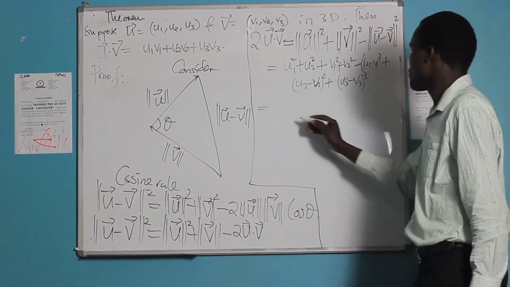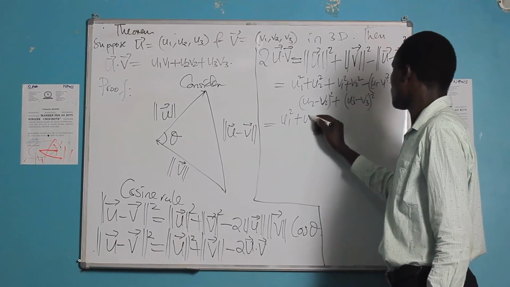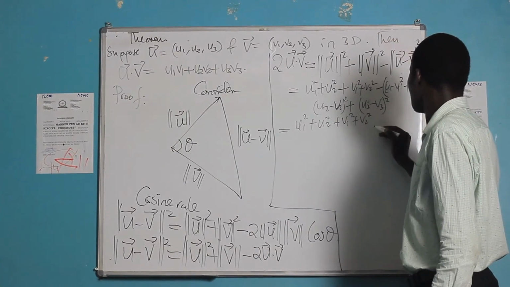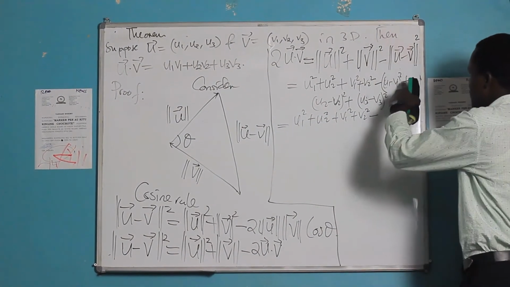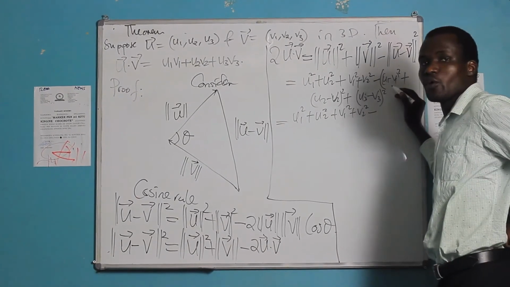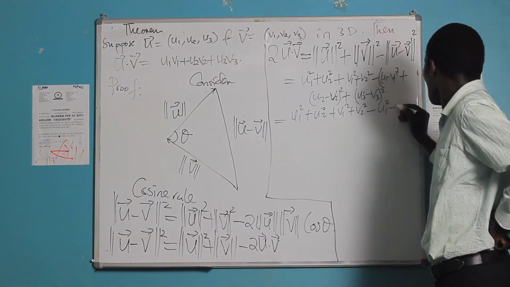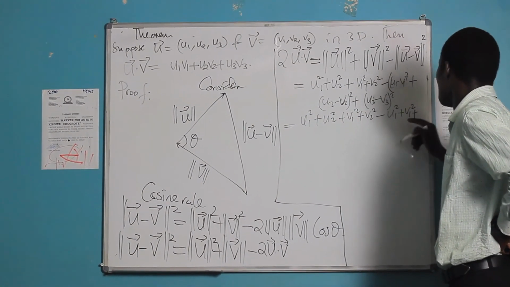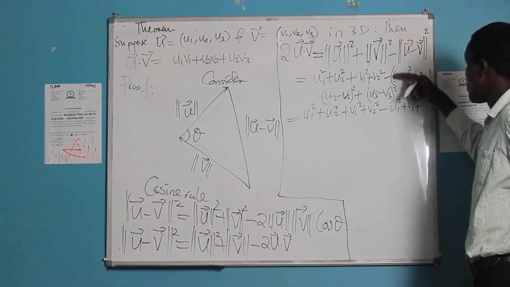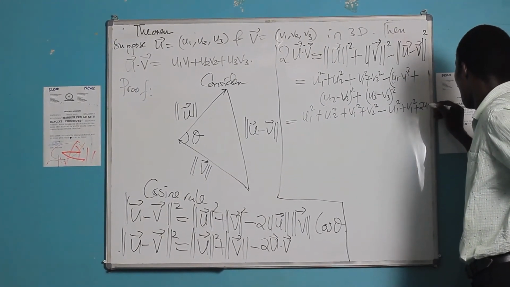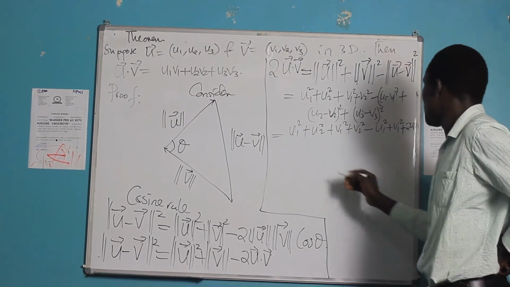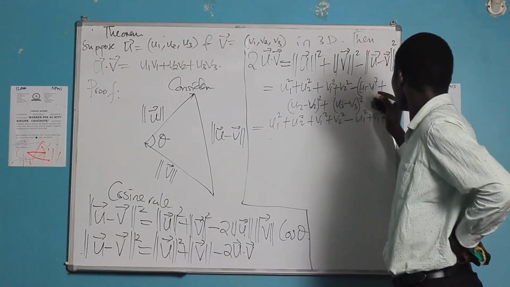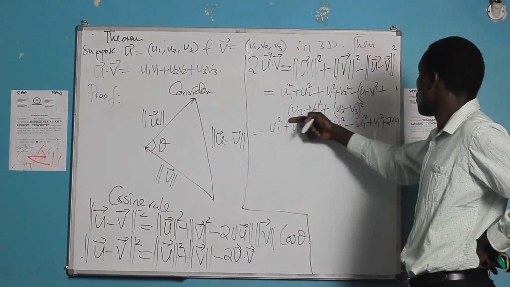So if you continue here, you get u1 squared plus u2 squared plus v1 squared plus v2 squared minus, taking the square of this one, u1 squared plus v1 squared minus 2 u1 v1. Then if you come to this one, remember this subtraction is working with all of this one.